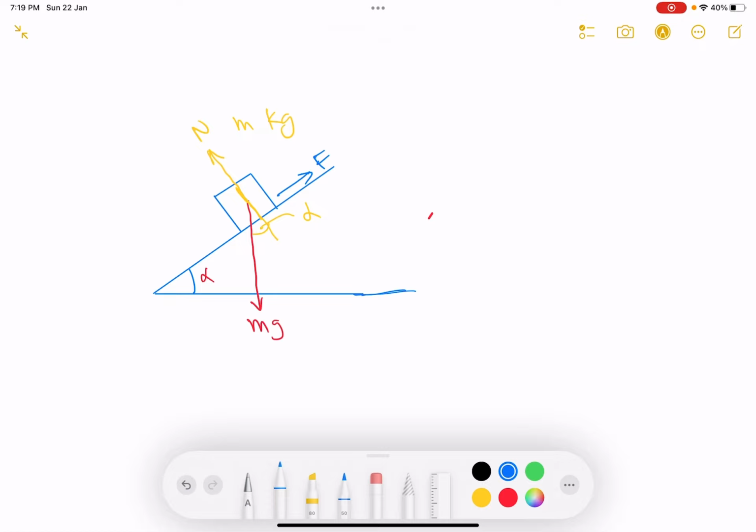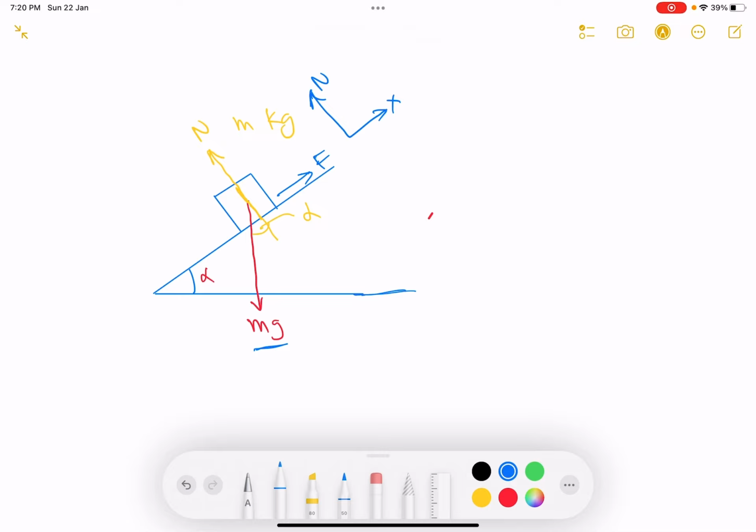But for that, let's resolve the weight mg. We'll resolve this weight mg along the inclined plane and perpendicular to the inclined plane. So basically we are considering this x-axis as along the inclined plane, and y is along the plane perpendicular to the inclined plane, so along normal n.